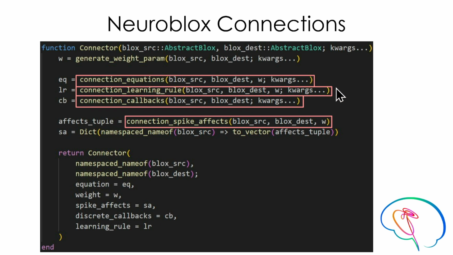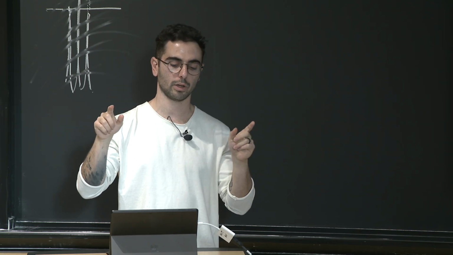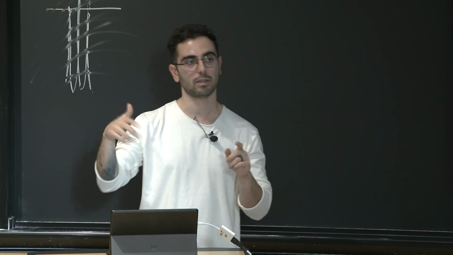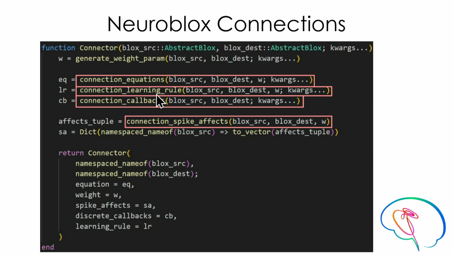Likewise, you can add the connection learning rule. This applies to reinforcement learning, and we'll talk about reinforcement learning and plasticity on Thursday. So those symbolic weights that get generated every time you add a connection, if you want those weights to update based on some plasticity rule, you can write that in a function called connection learning rule and extend essentially this definition.